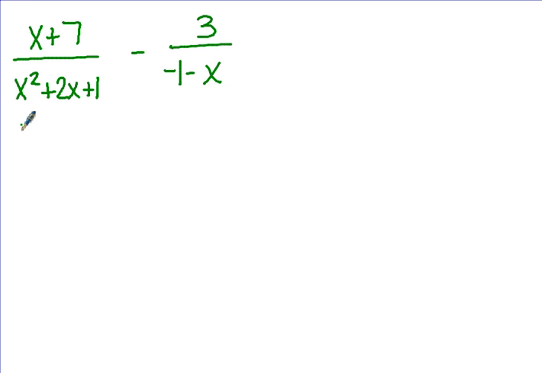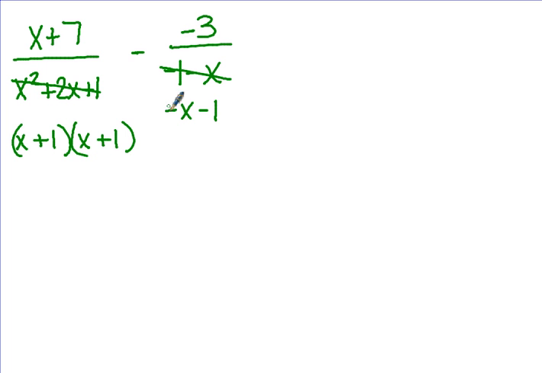If I factor, I get x plus 1 and x plus 1. Nice and easy. Second, I'm going to change this denominator. If I flip this around, I get negative x minus 1, keeping the sign with the term. Of course, we don't want negative, so we're going to multiply each term through, distributing this minus sign into each term. So this becomes negative 3 over x plus 1.